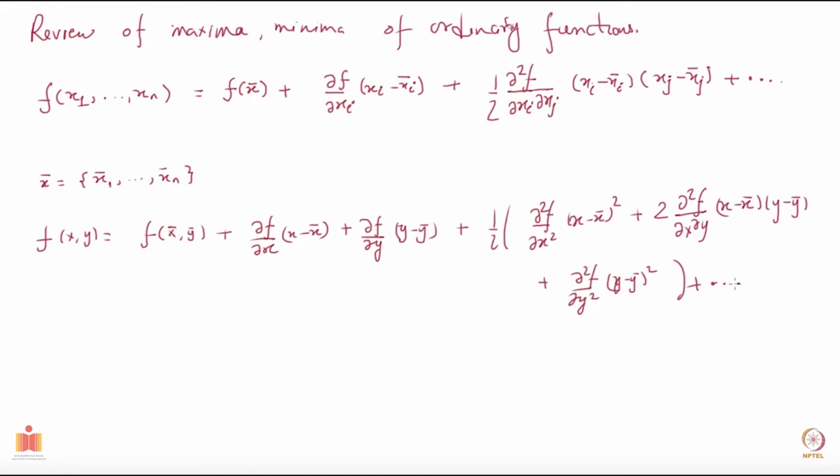Okay, now if all the partial derivatives, del f over del x, del f over del y, and in case of multiple variables, all the partial derivatives, they all are 0, then you call that point a stationary point. Okay, so let me write.